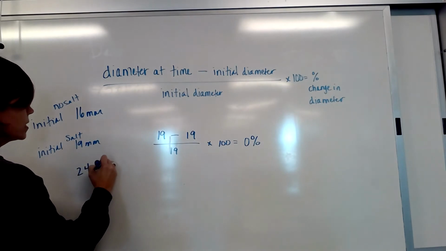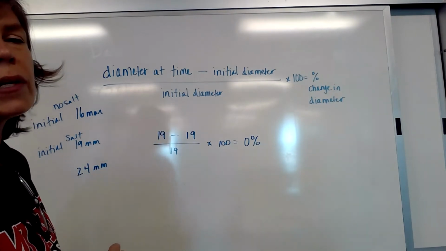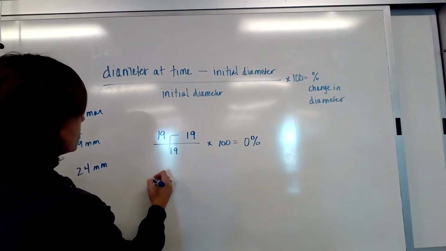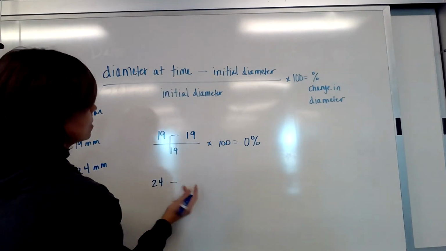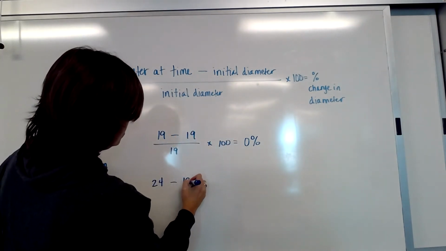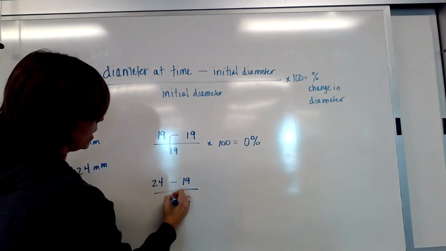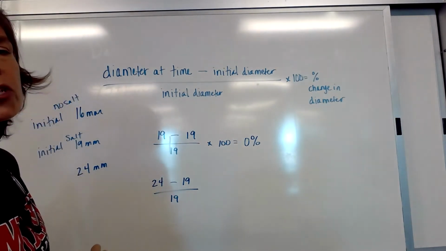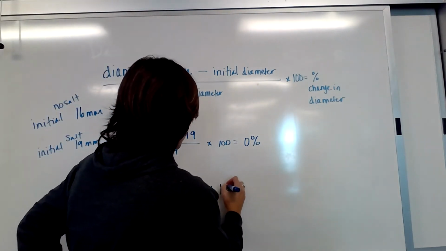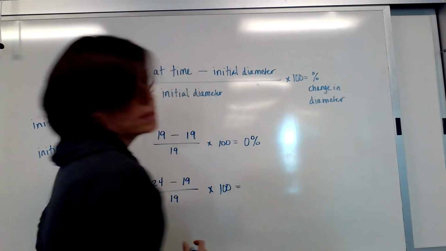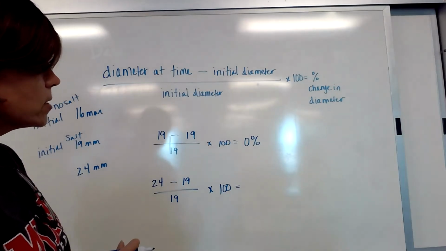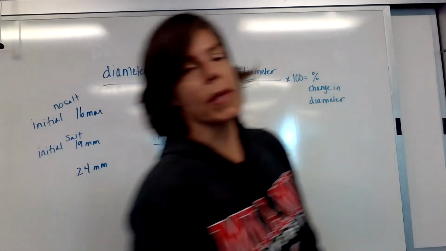So if I need to see what the percent change in that one is, I'll take the diameter at the time, which would be 24, subtract from that the initial diameter, which is 19, divide that answer by 19, which was the initial diameter, and then I'll multiply by 100, and then I'll get an answer. That answer is my percent change. Let me calculate it.